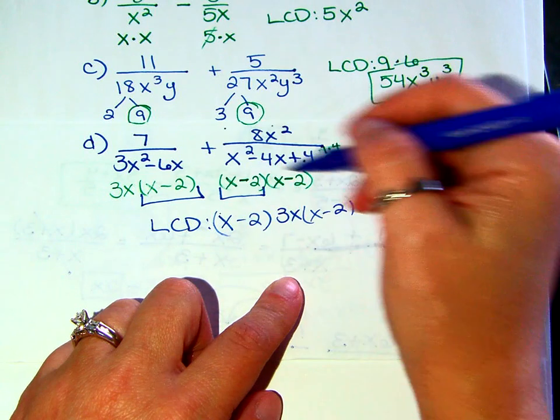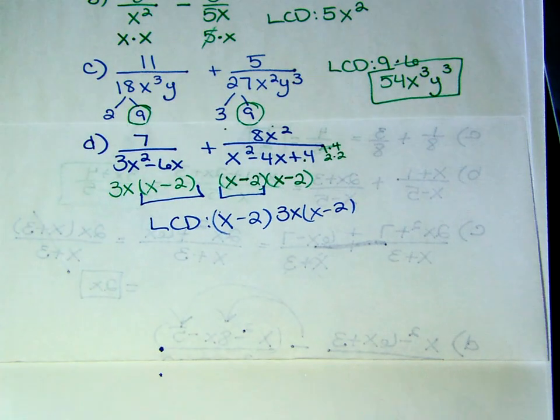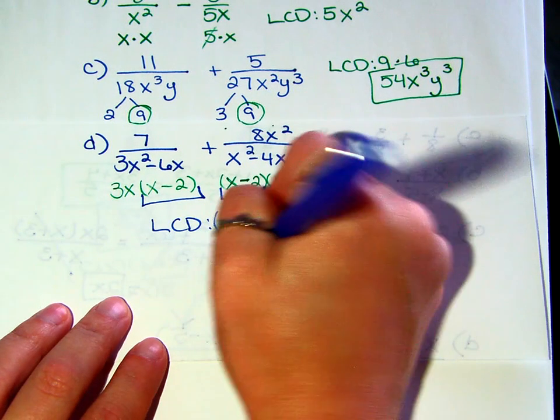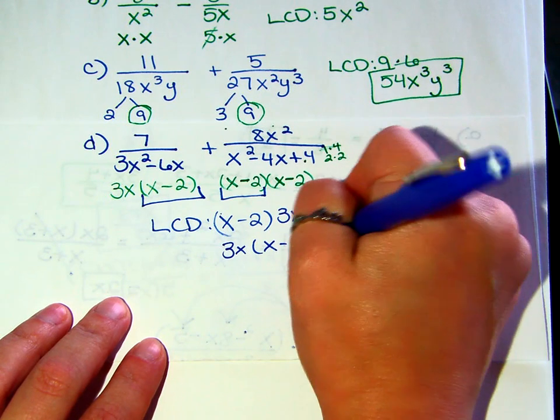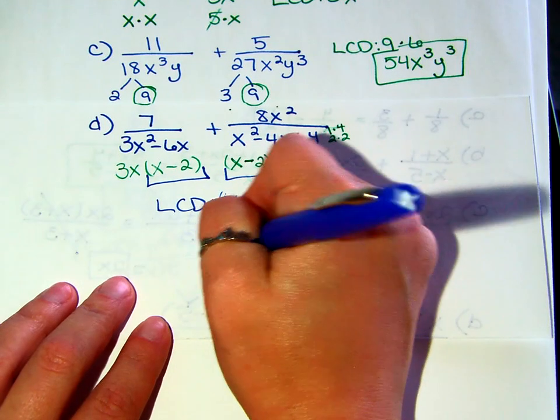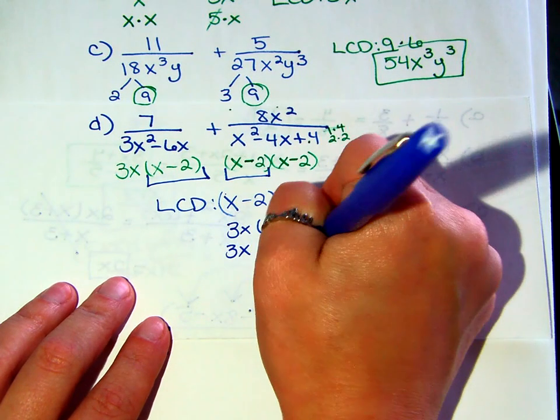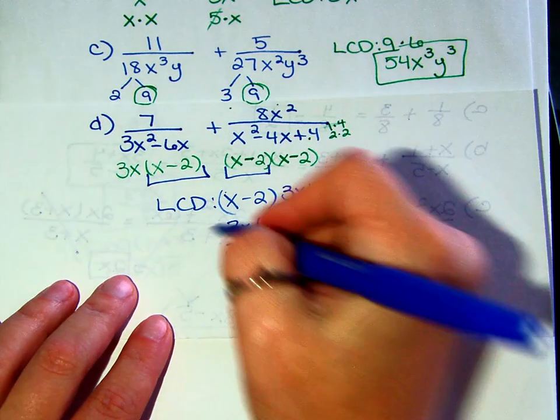And before you think, oh my goodness, I'm going to have to multiply all this out, Pearson's actually really nice, and they say to leave it in the factored form. And so you are allowed to leave it as 3x times x minus 2 times x minus 2, or you can leave it as 3x times x minus 2 squared. Either of these answers are perfectly fine with Pearson.